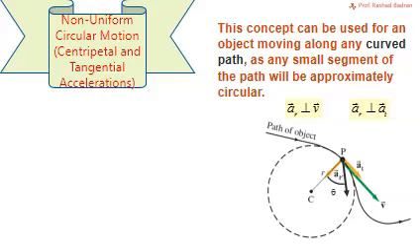is perpendicular to the velocity and also perpendicular to the tangent acceleration. So the resultant acceleration of the object in this non-uniform motion has two components, one along the radius inward and one tangent to the curved path or the circle, called AT.